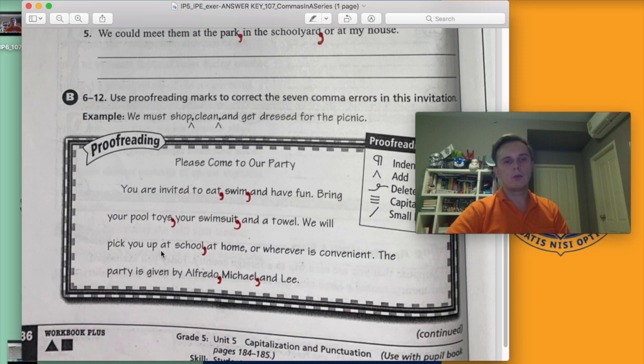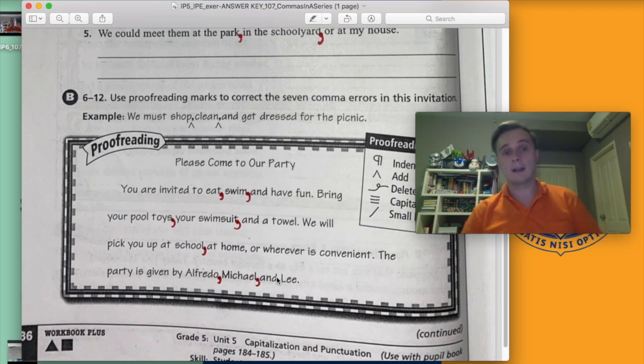We will pick you up at school, at home, this comma is already here, or wherever is convenient. The party is given by Alfredo, Michael, and Lee. So you should have 1, 2, 3, 4, 5, 6, 7 commas in those places.